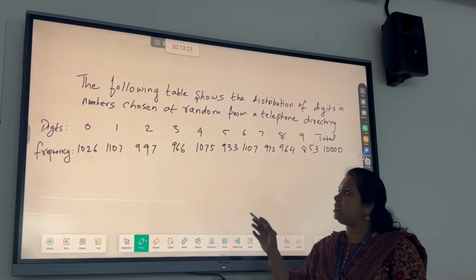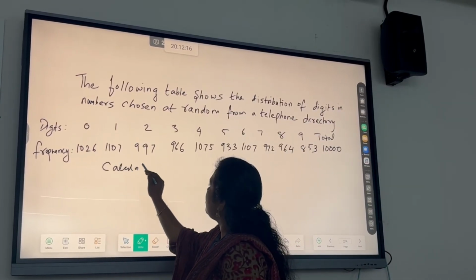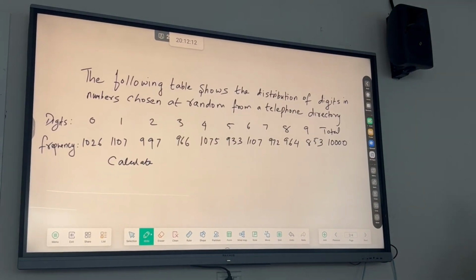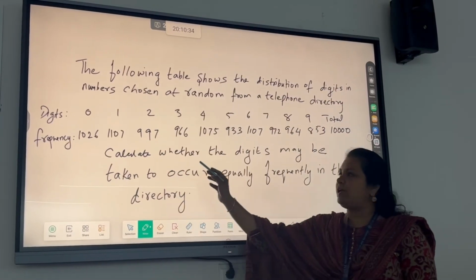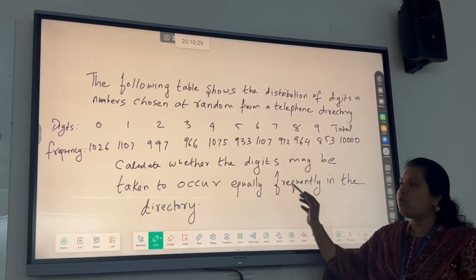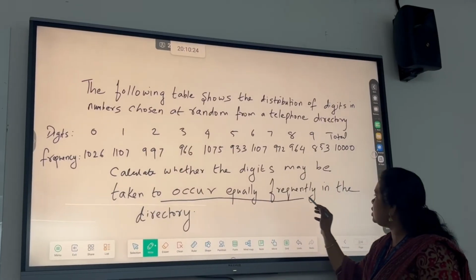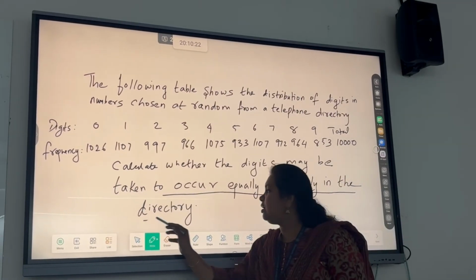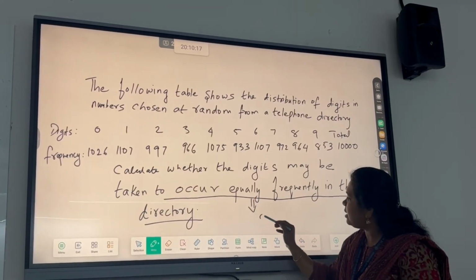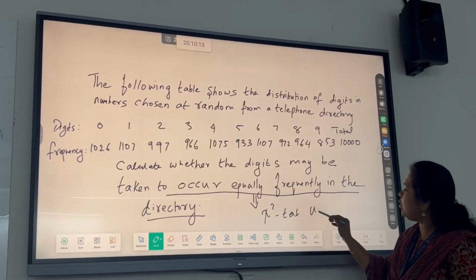Calculate whether the digits may be taken to occur equally frequently in the directory. So all of you should note this point: equally frequently. So we have to apply the chi-square test. Or else one more clue is there: uniformly distributed.